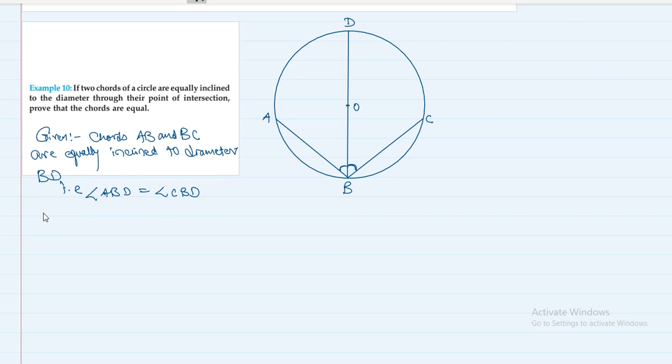To prove, AB is equal to BC, the chords are equal. Construction.